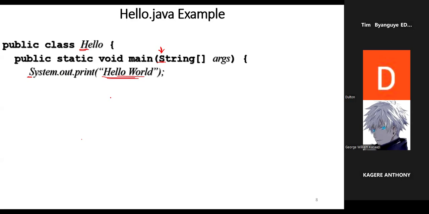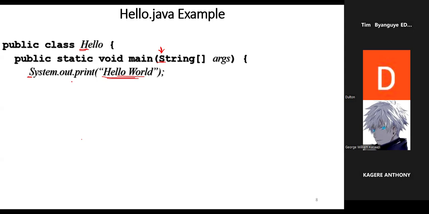So you will find that in System.out. System.out is the corresponding class in charge of writing information to what we call the output stream. The output stream is actually your screen. It's just that in certain books, you will find that being called the output stream.